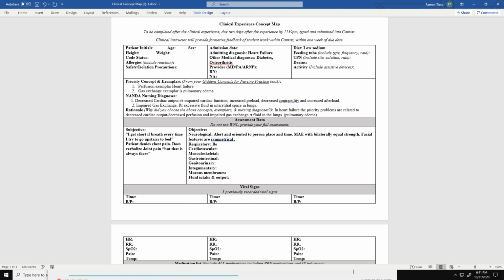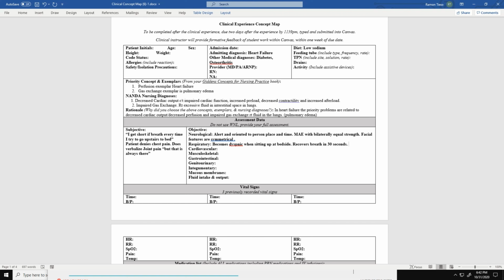Respiratory: becomes dyspneic when sitting up at bedside, recovers breath in 30 seconds, right?